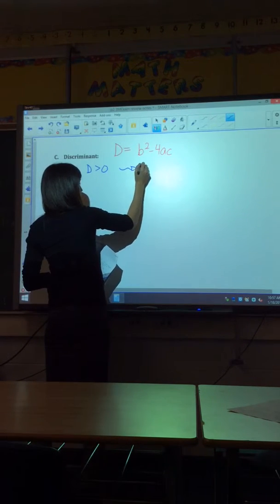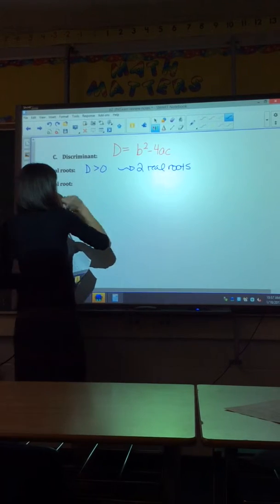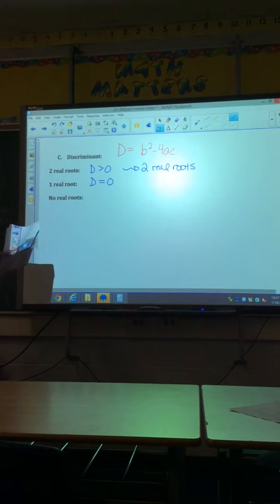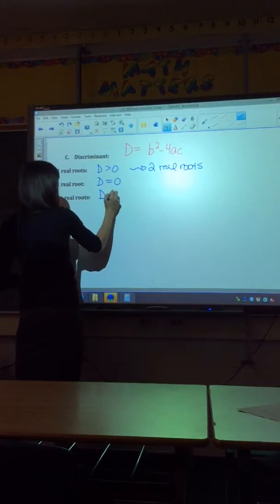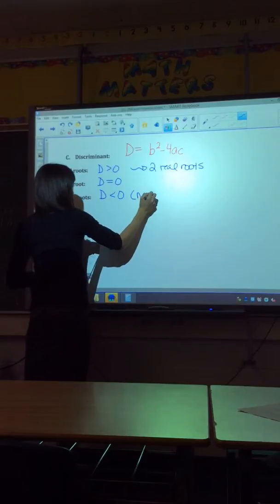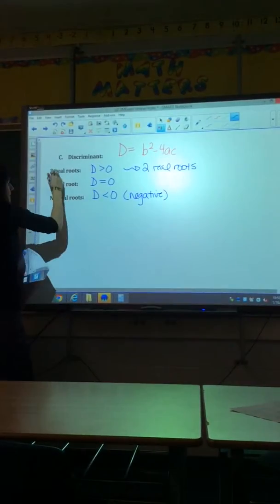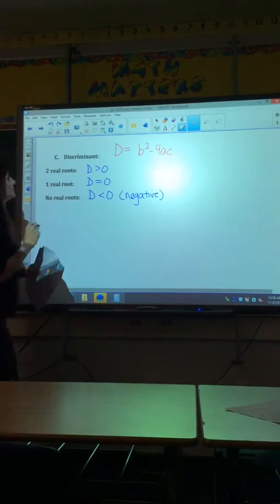What if the discriminant is equal to 0? That means it's only got 1 real root. And if the discriminant is a negative number, then there are no real roots. I didn't realize it said it over here. Sorry. It's already there.